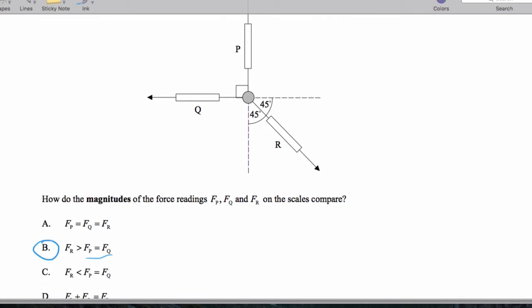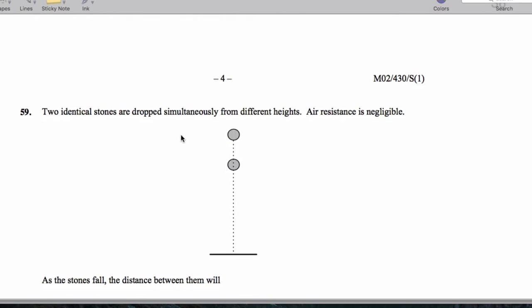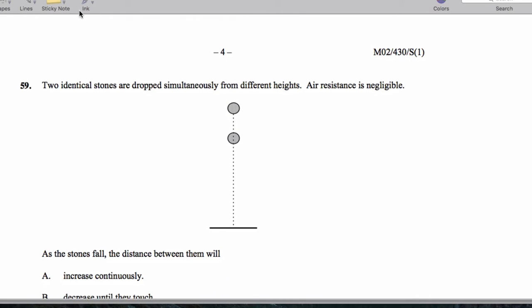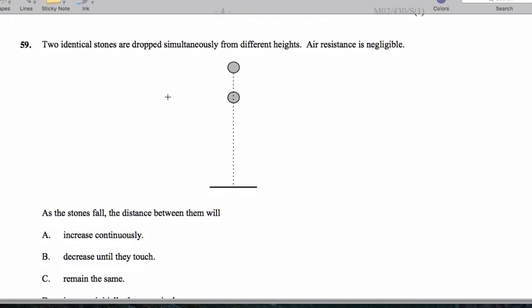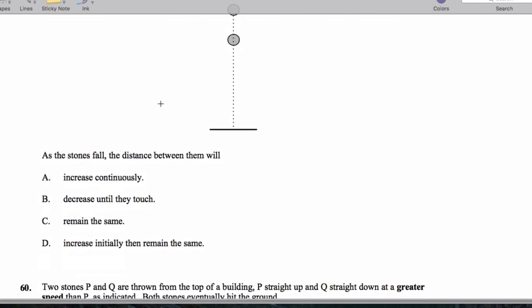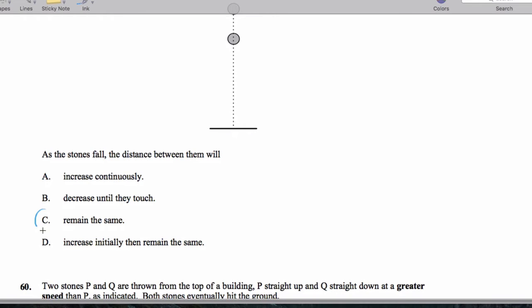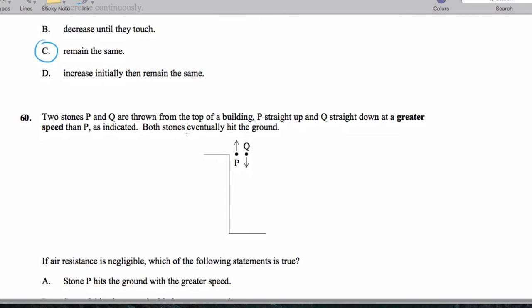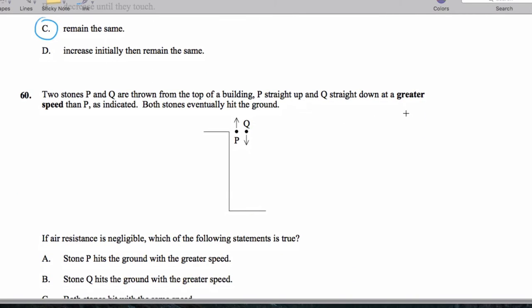And 59, identical stones are dropped simultaneously from different heights. Air resistance is negligible. They're going to cover the same distance in the same amount of time as they fall, since they fall at the same time. So their distance will actually remain the same. Now, slight variation. We now throw Q down at a greater speed.